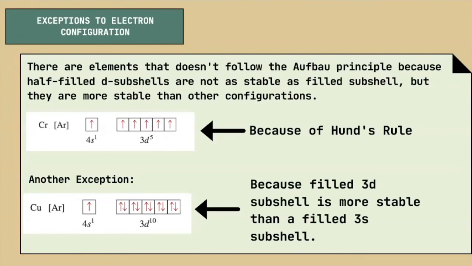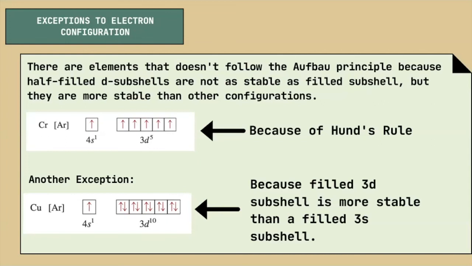All right, so very quickly, in terms of the elements that don't follow the Aufbau principle, because half-filled D subshells are not as stable as filled subshells, but they are more stable than other configurations. So for example, the chromium atom doesn't fill in the 4s orbital first, but what happens is that the electrons all have clockwise spin.